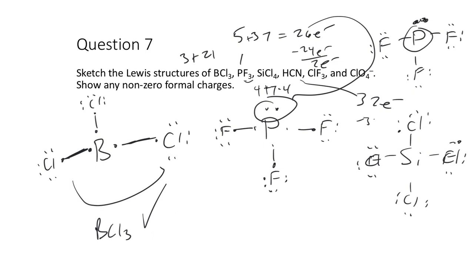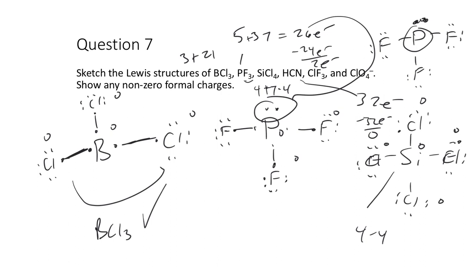And that's all 32 electrons, so no electrons left over for the central atom in SiCl4. And so that's good. We might calculate formal charges at some point. All these formal charges are 0 in BCl3 and PF3. Also, silicon has 4 valence electrons. It has a 0 formal charge as well.